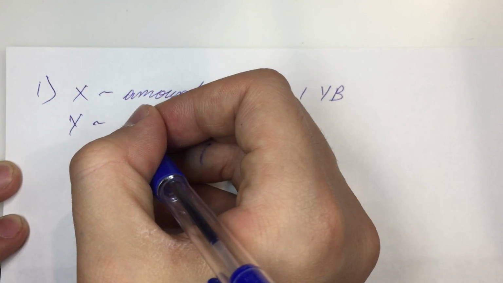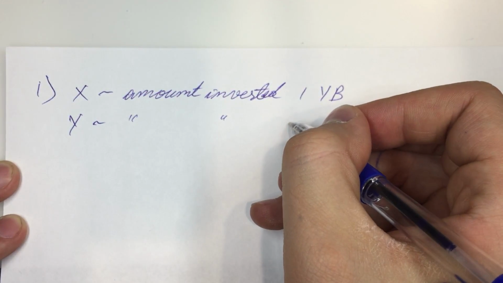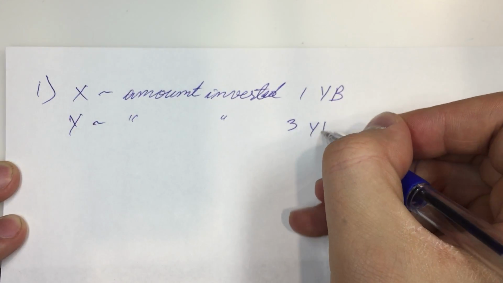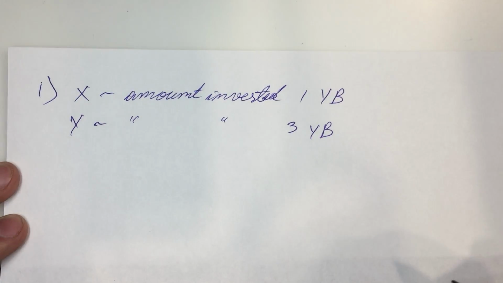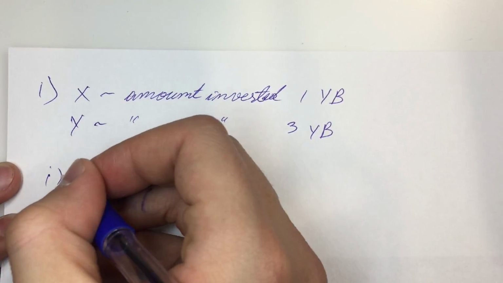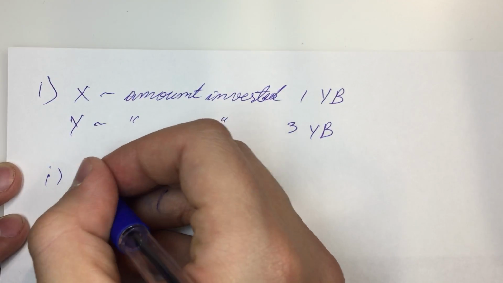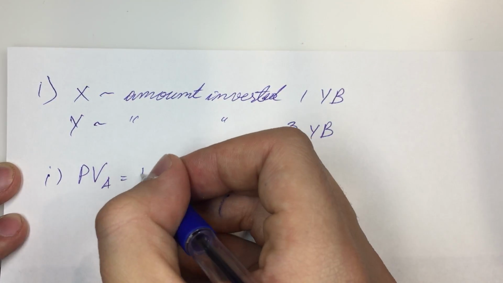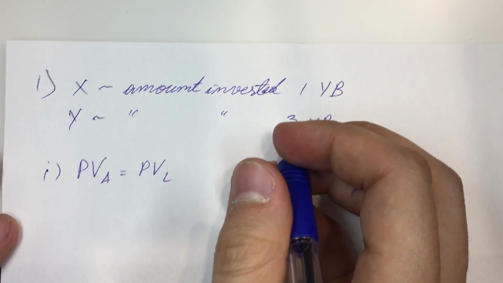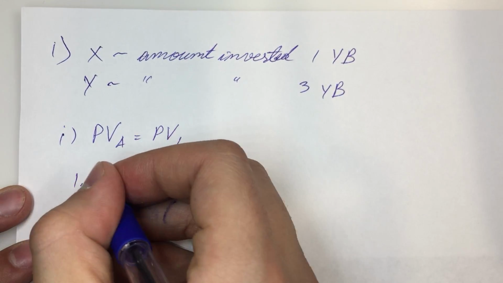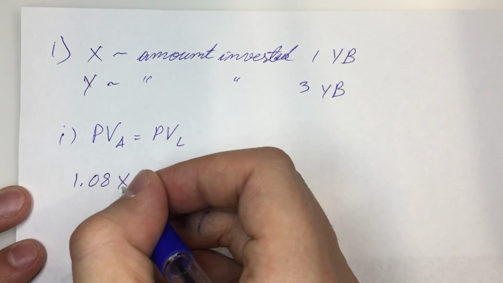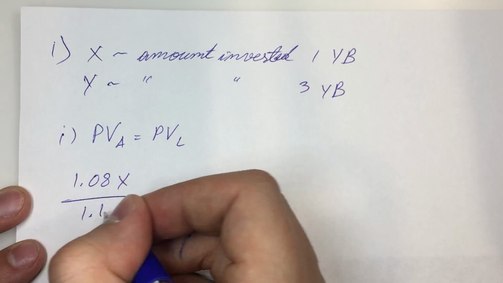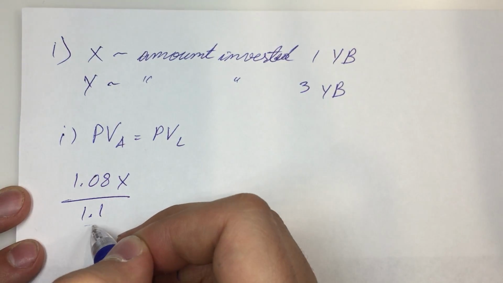And then let Y equal the amount invested in 3-year bonds. Now, to satisfy Redington immunization, we know that the present value of the assets has to equal the present value of your liabilities. So the present value of the first bond is 1.08x divided by 1.1, because that's the spot rate and that's the discount rate.